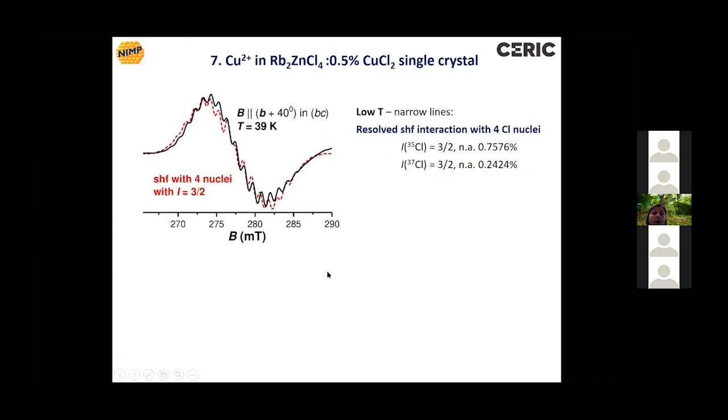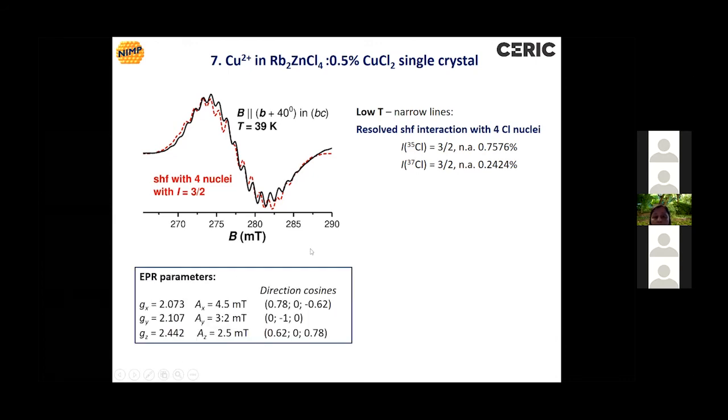When we went to lower temperature and on certain directions, we were lucky to get a superhyperfine splitting, and it could be determined that it resulted from the superhyperfine interactions with 4 nuclei with spin 3/2. That means that it is an interaction with 4 chlorine ions. And this resolves our question where the copper 2+ ion enters the crystal, and it is in the zinc site.